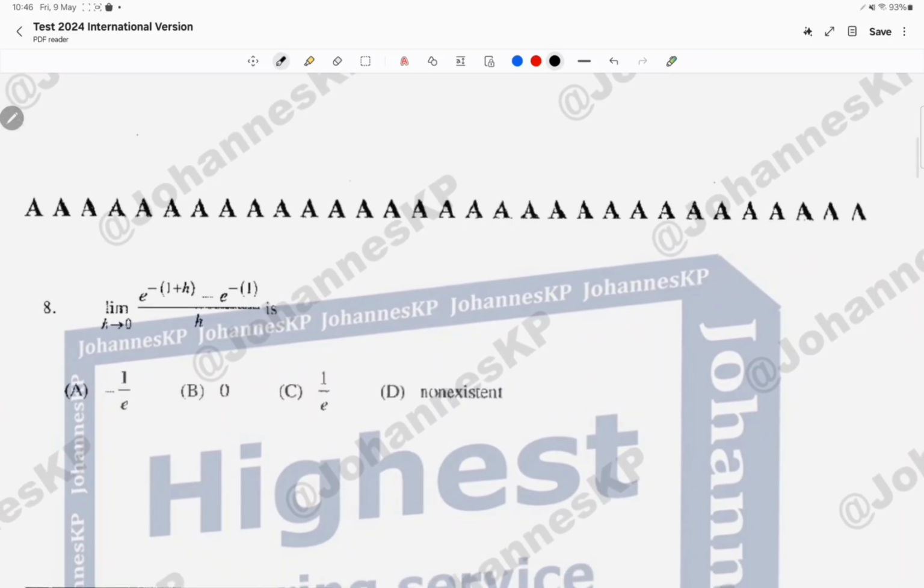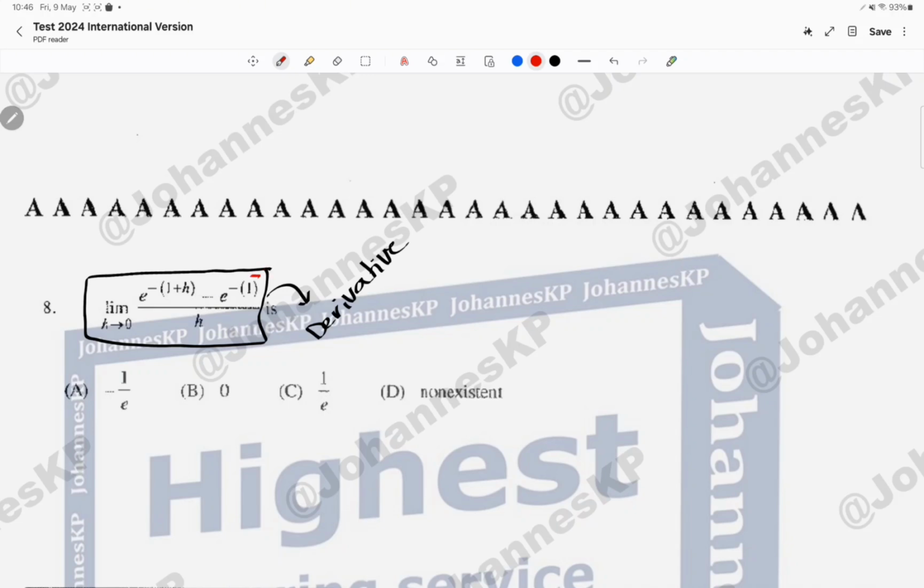Okay. Question 8. Whenever you see this, they're essentially talking about a derivative. So you have to actually isolate the function before you do anything. So what is your function?